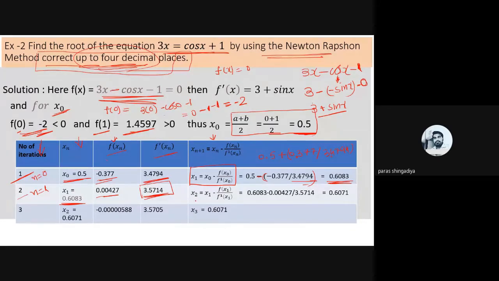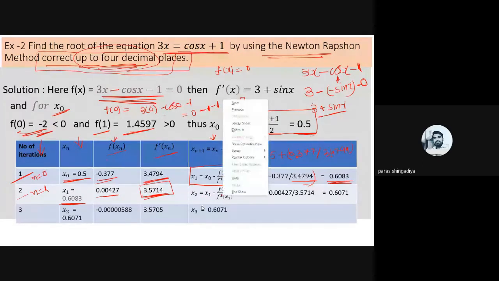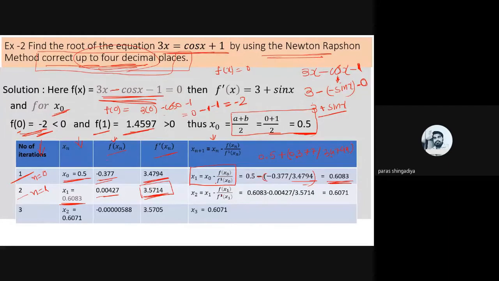Now the formula for x2 is x2 equals x1 minus f of x1 upon f dash of x1. Just replace x1, f of x1 and f dash of x1 in this formula. So it will be 0.6083 minus, in a bracket, 0.00427 divided by 3.5714.